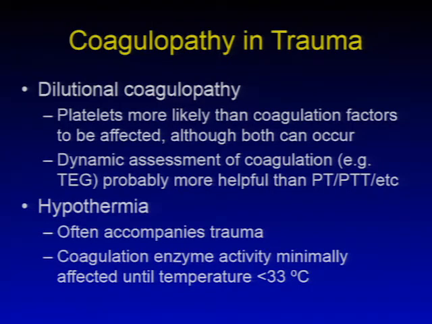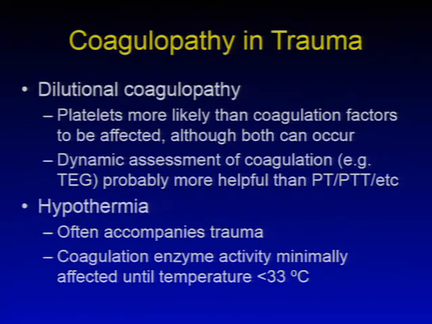As I talked about with TEG, the PT, PTT measurements, bleeding time, and platelet number can take longer to come back, and they're just looking at one aspect of the coagulation cascade. In a dynamic coagulation situation, as most trauma situations are, it's nice to have the TEG, which you can really look at all aspects together, try to best figure out what's going on, pinpoint it, and treat it.